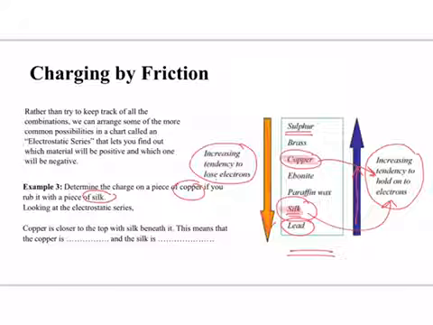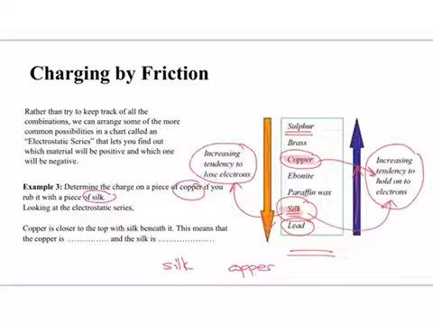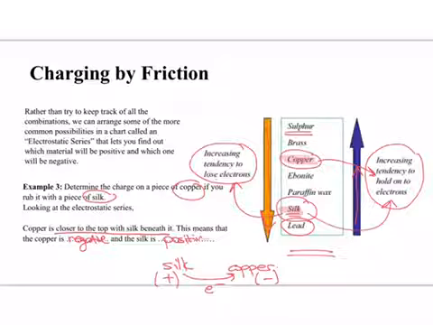So silk will lose electrons and will be positively charged, and the copper will gain electrons and will be negatively charged. Here I can say that copper is closer to the top with silk beneath it. This means that copper is negative and silk is positive.